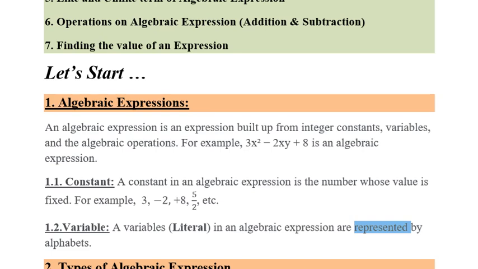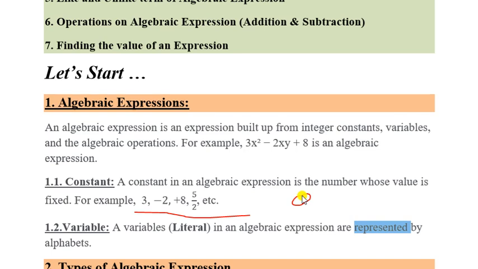See, it's written, a constant in an algebraic expression is the number whose value is fixed. For example, you can take 3, minus 2, 8, 5 by 2. You can take 0 also, because 0 also is a constant. So this is constant term. I hope it's clear.